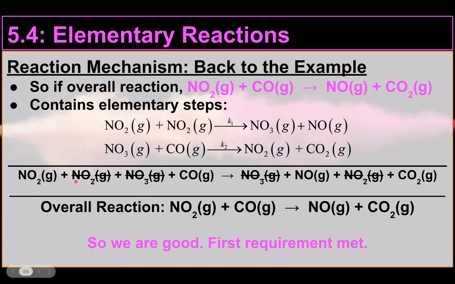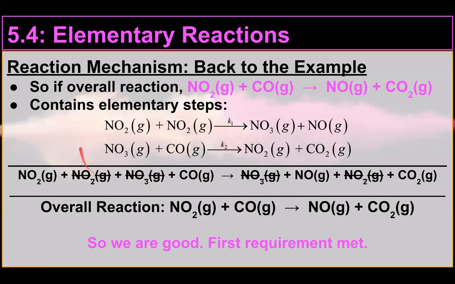So I have NO2 gas here, and then NO2 gas over here. I'm going to cross those out, and then I have NO3 over here and NO3 over here. I'm going to cross those out too. So it turns out that I have a reactant that I also have as a product, and then our intermediate we have to cross out too, because it is a product in the first step, and then it's used up again in the second step as a reactant.